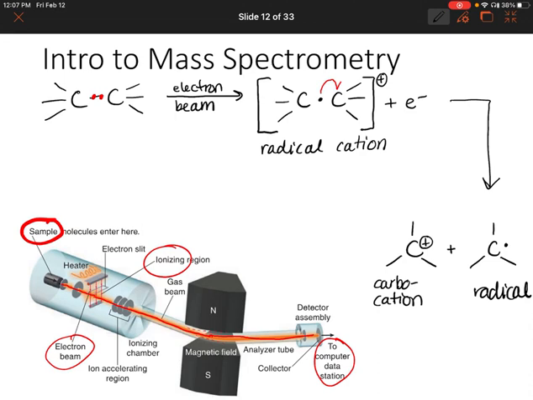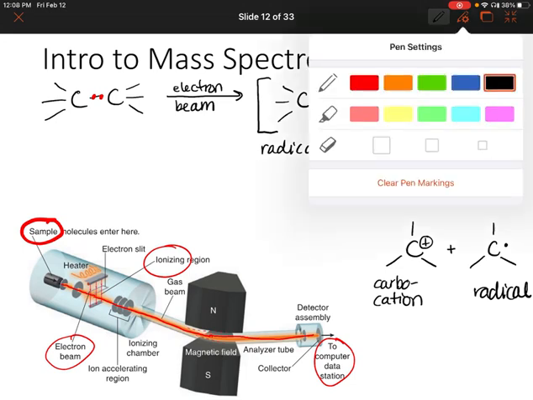Now, mass spectrometers can only detect charged particles. They can't detect just a simple radical. They can detect a radical cation because it does have a charge. But if something doesn't have a charge, if it's neutral, then the mass spectrometer cannot detect it. So let's just make a note of that.